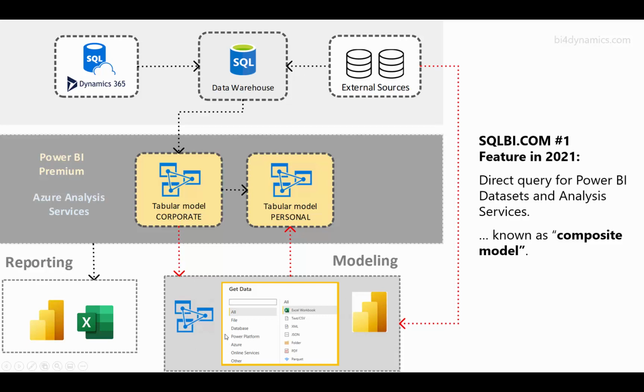Then we can combine this corporate source with any data that Power BI can connect to or provide. It means around 120 databases or data sources that Power BI provides. Everything is available from Excel, social media, the web, or any other place.